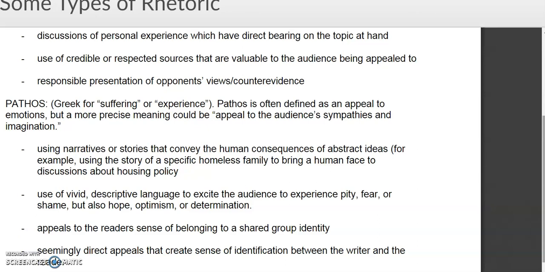You can also use vivid and descriptive language that might excite your audience. Fear and shame and pity are one thing, but you can also get them hopeful and optimistic or determined, right? Pathos can also be about using language effectively in that way. You can appeal to your audience's sense of identity as belonging to a group. This can be used in very negative ways, but it can also be mobilized to band people together or make them feel part of something bigger than themselves.